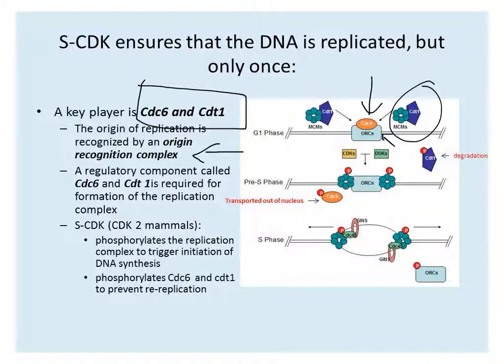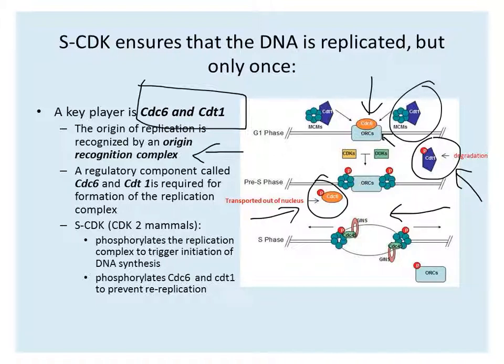So we get phosphorylation of CDT1, and we also get phosphorylation of CDC6. That helps remove CDC6 from these origins and also helps remove CDT1, which you can see. CDT1 gets degraded and CDC6 actually gets removed out of the nucleus so that it can't interact with these complexes. And that will help initiate DNA replication.